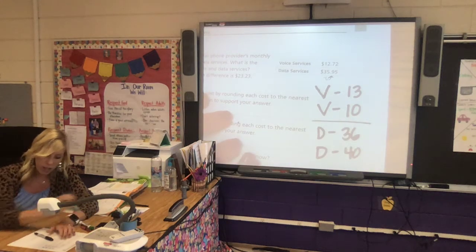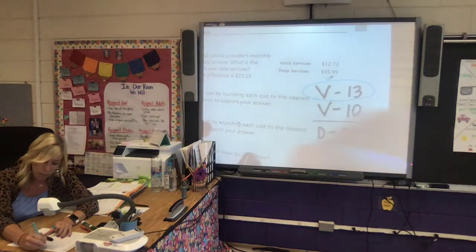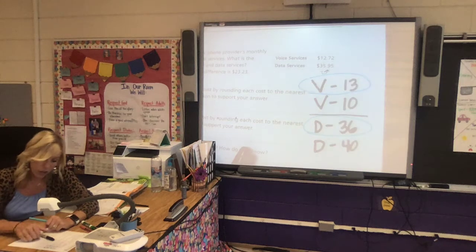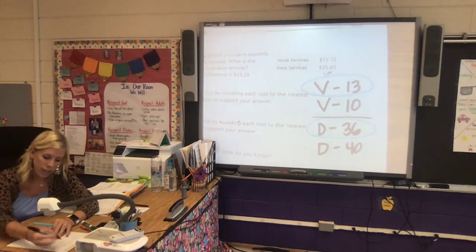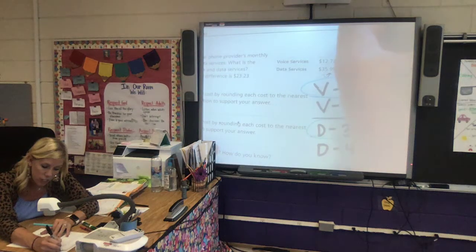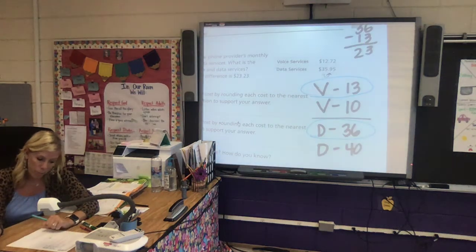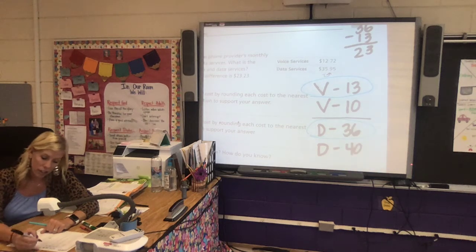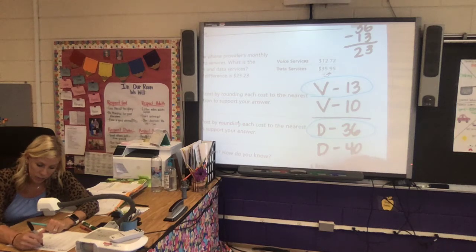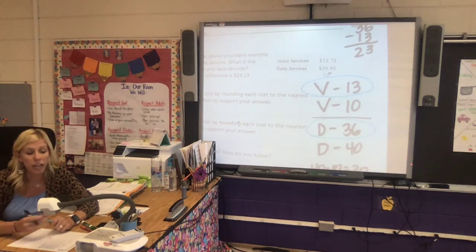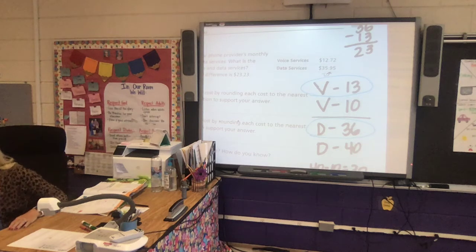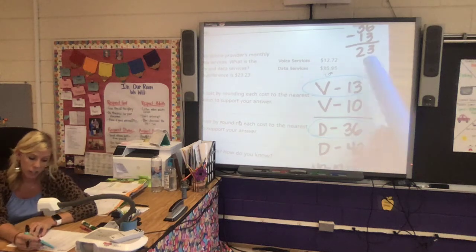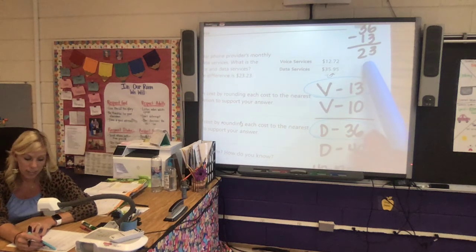So if we rounded both of them to the nearest dollar, then we'd have $13 and $36. So we could say, okay, 36 minus 13 is 23. If I did it this way, $40 minus $10 is 30. Okay, now we've got to look at that and say, okay, now when I rounded to my nearest dollar, yeah, he is spot on with his estimate.